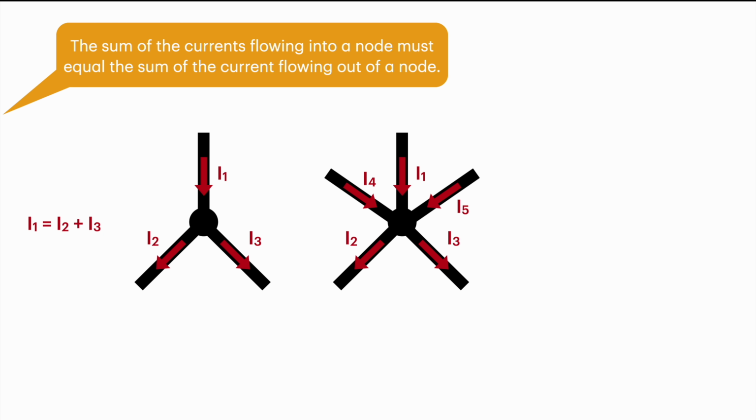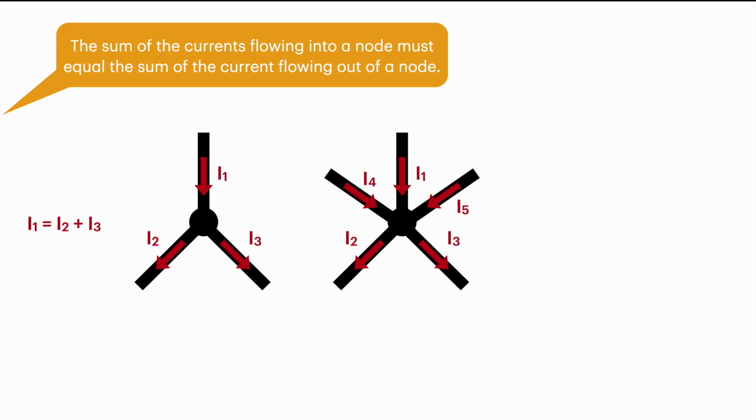Looking at the formula again, all the currents flowing into the node have to be a positive current and all the currents flowing out of the node are considered negative, because Kirchhoff's law is not necessarily saying that I1 equals I2 plus I3. What it actually says is that the sum of the currents must be zero eventually.